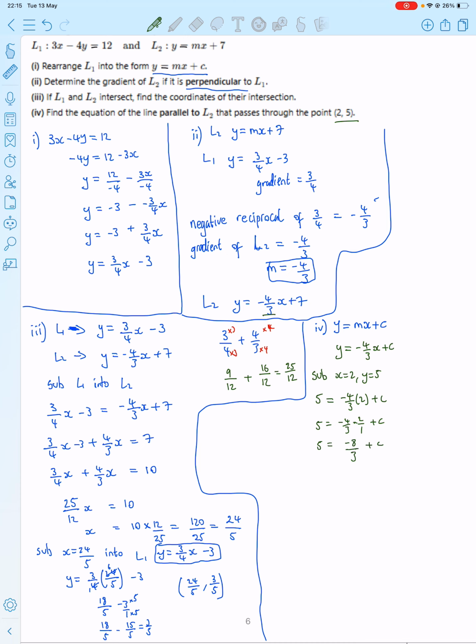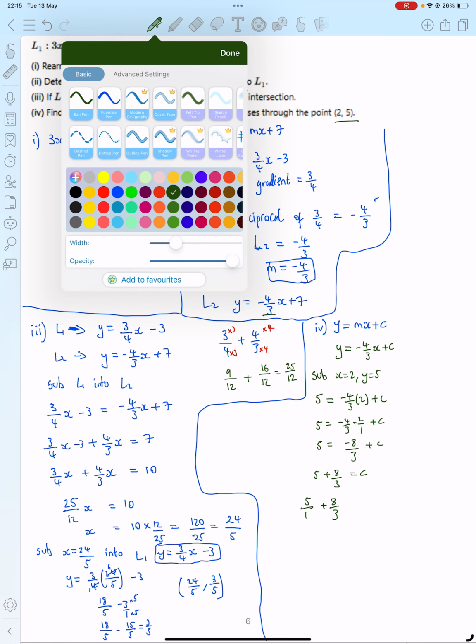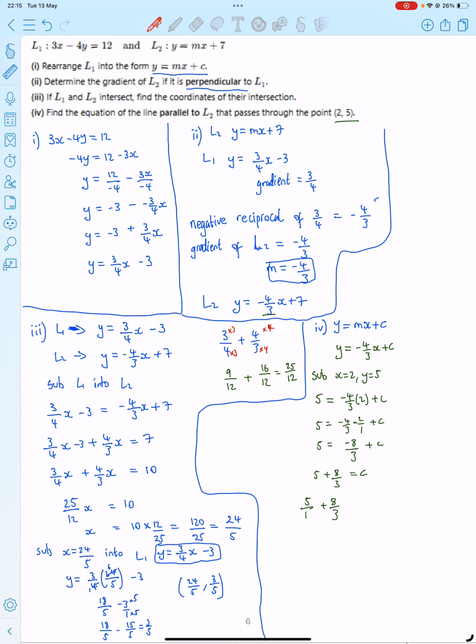And then we have 5 plus 8 over 3, just adding 8 over 3 to both sides, is equal to c. To add these fractions, we have 5 over 1 plus 8 over 3. And then multiply by 3, multiply by 3 to give the same denominators.